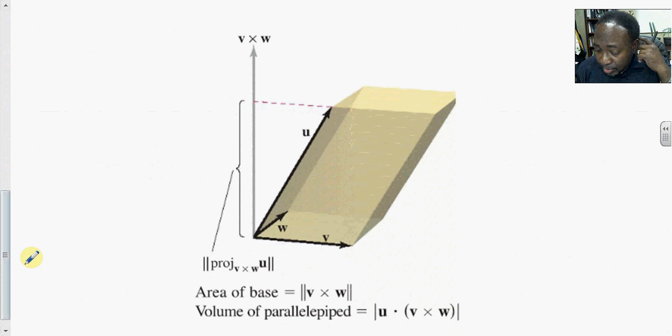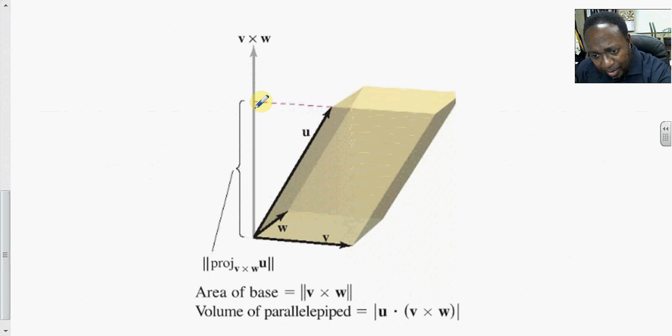Now, we see how that's going. Here, you have v and w within the plane, and then it's perpendicular, which is this cross product, which gives you the height. What actually gives you the height is the norm of that, right? And so here we have this base area, which is the norm of the cross product of v and w, and I misquoted.